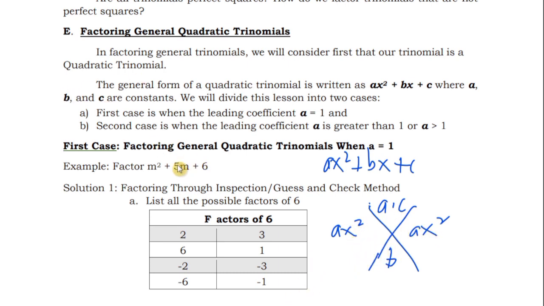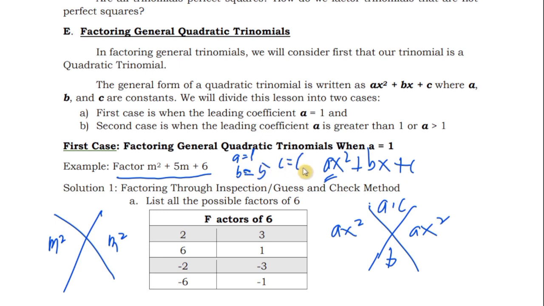Given this one, as we make use of it, following this as m squared. Whatever the value of the first term, the quadratic term, is ax squared. Since the given here is m squared, the value of our a here is 1. B, the middle term, is 5, while c is 6.